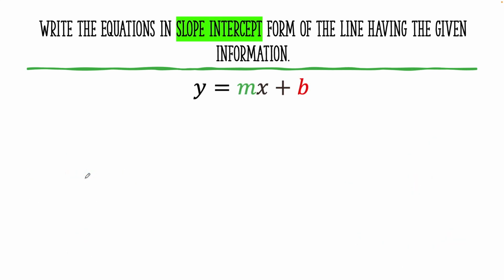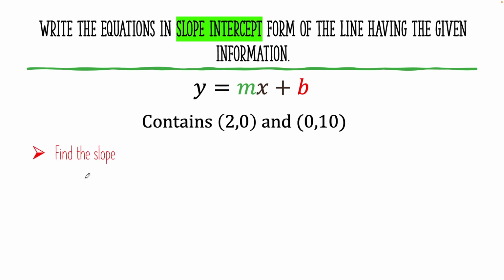Next one, still looking for slope-intercept form, and all we know is that the line contains the points (2, 0) and (0, 10). So step 1, we need to find the slope. Slope, again, is the difference in the y values over the difference in the x values, 10 minus 0 over 0 minus 2, which is -5.